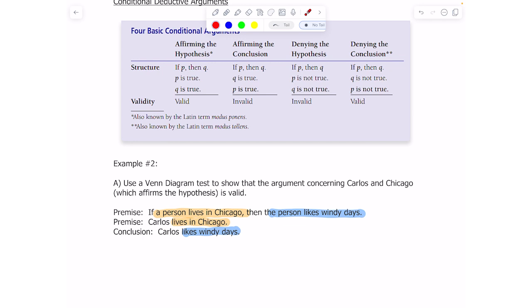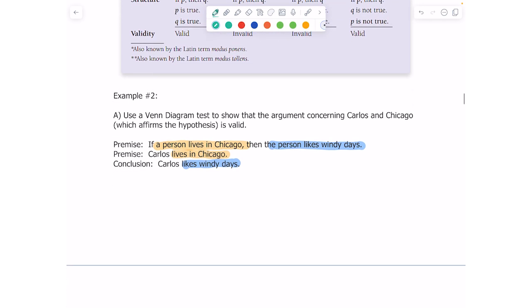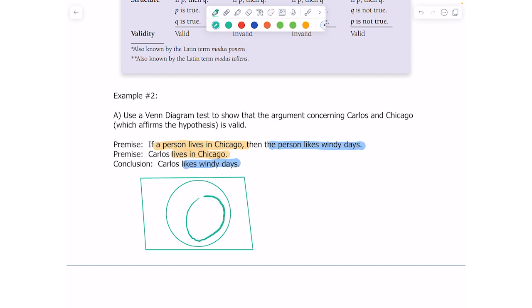All right, now, what would that look like if you were to make a Venn diagram? So let's make a Venn diagram. Here's my general statement, my larger set, and then I've got my smaller subset here.